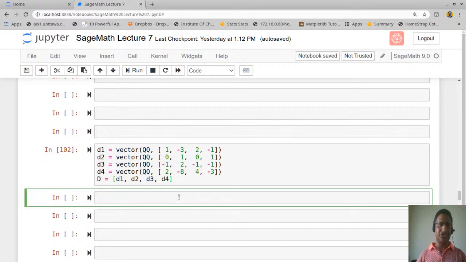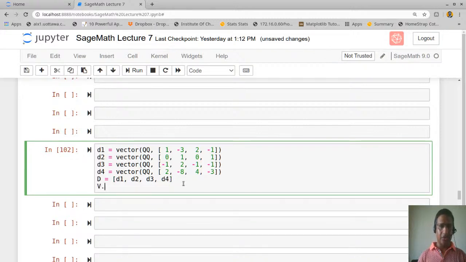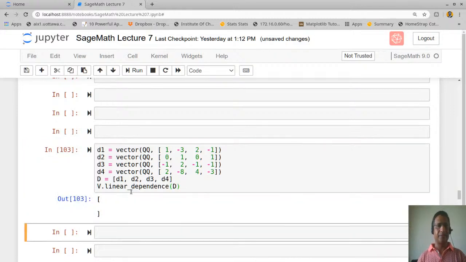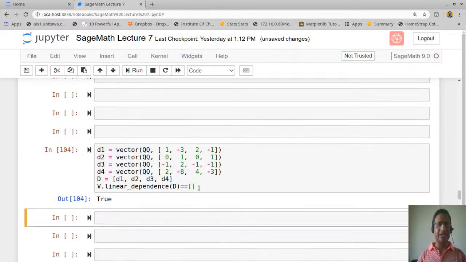Let us first check whether this forms a basis. How do I check that? We'll have to say V dot linear_dependence of D. We are getting an empty set, that means this set is linearly independent, therefore it forms a basis.